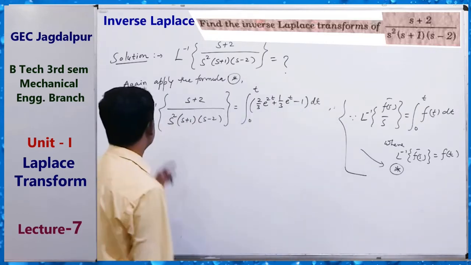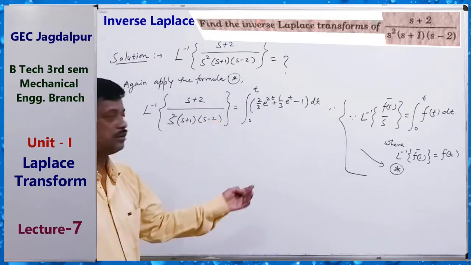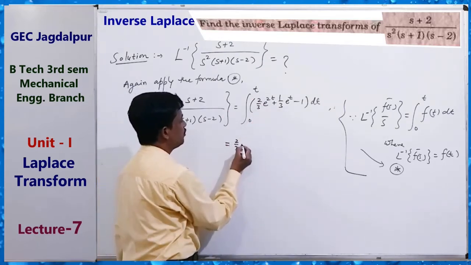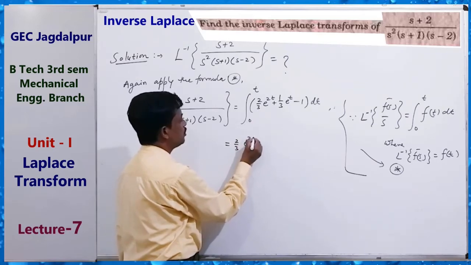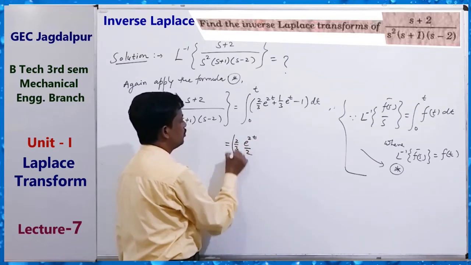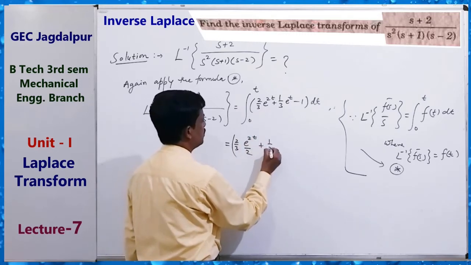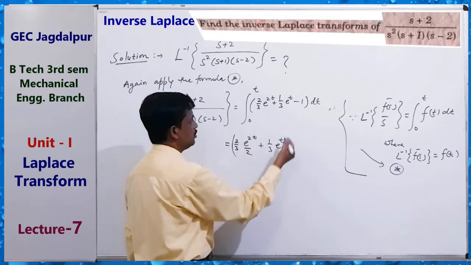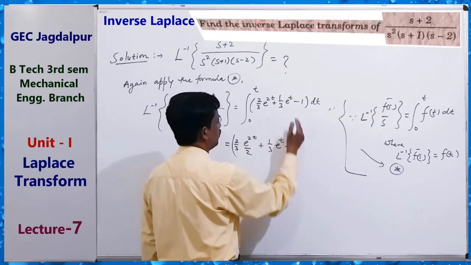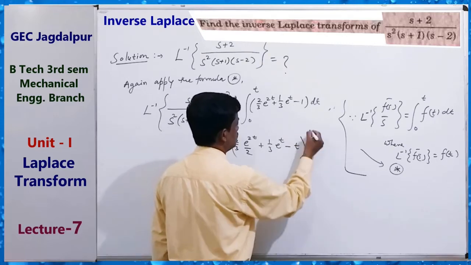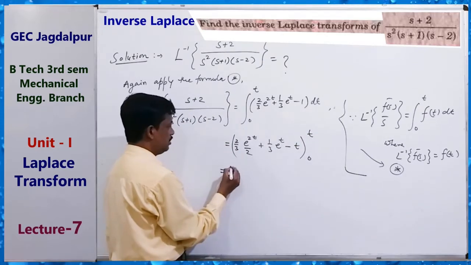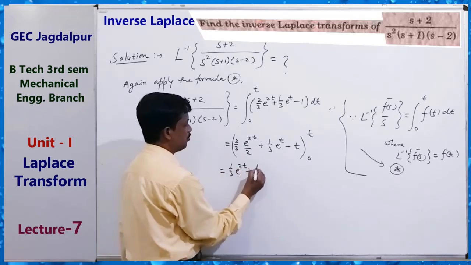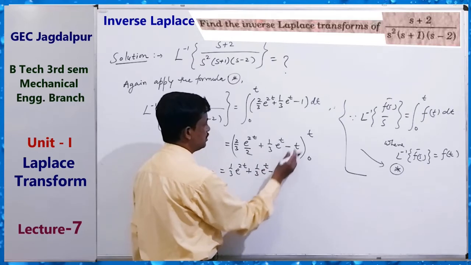So this will be our final answer after integration. You can get it. So 2 by 3 integration of e to the power 2t, upon 2, plus 1 by 3 e to the power t, and minus of 1 means t, applying limit 0 to t. So 2 cancels, 1 by 3 e to the power 2t plus 1 by 3 e to the power t minus t, for t.